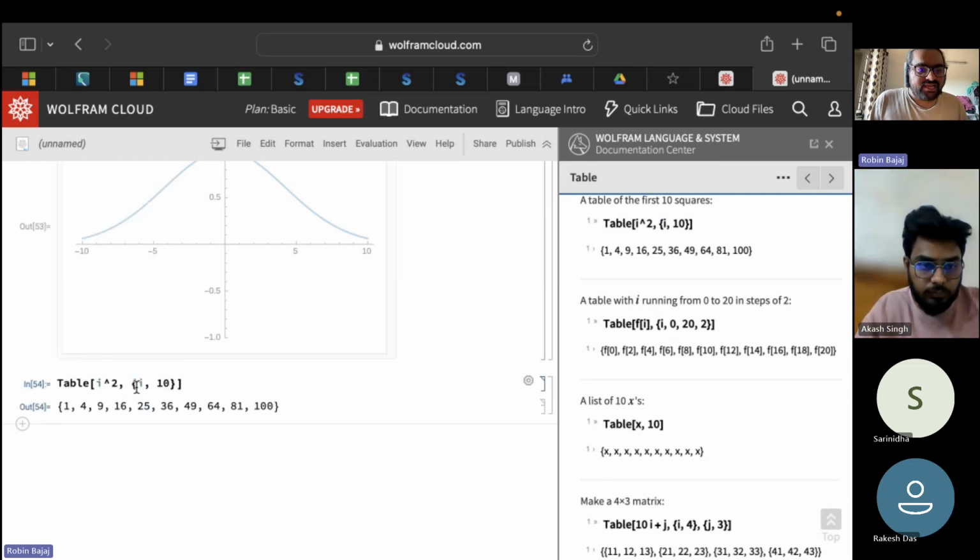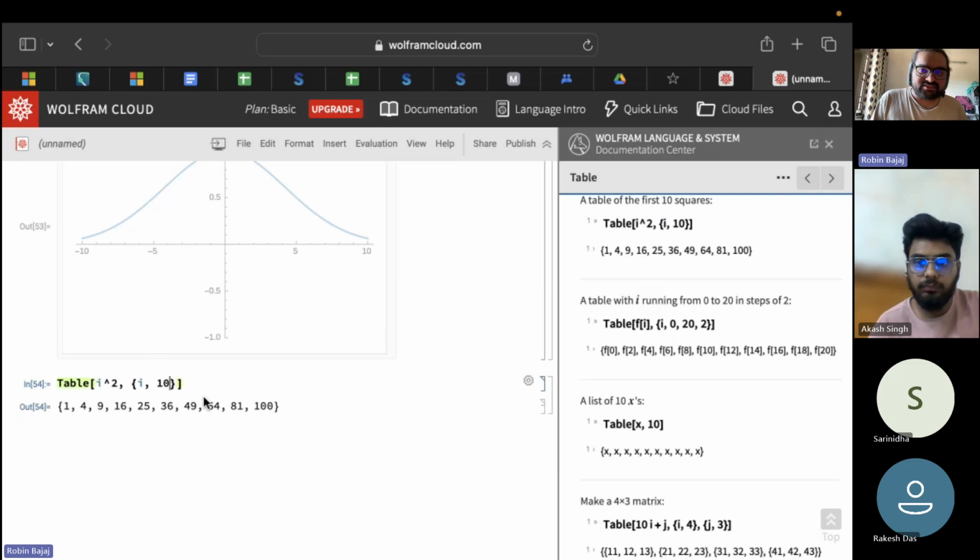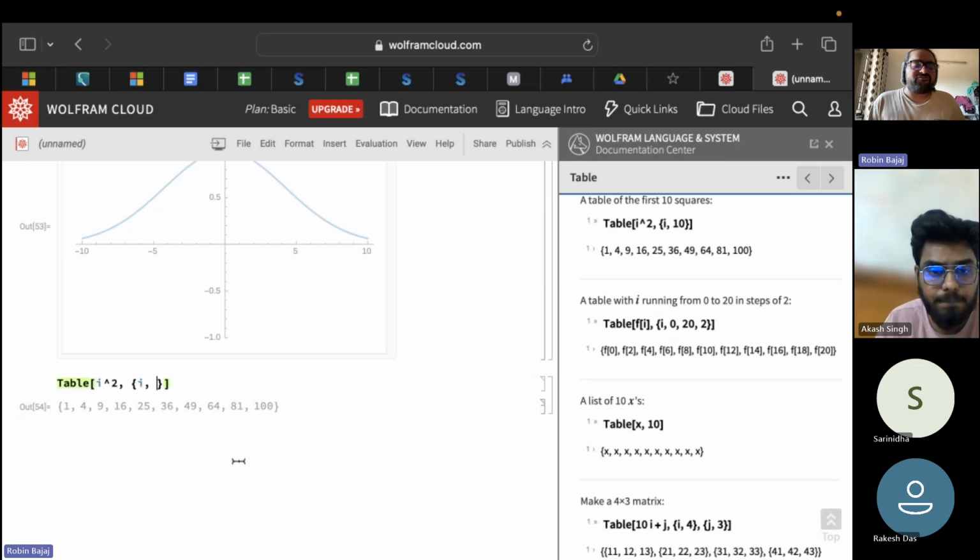So it's basically i from 1 to 10, it is finding the square and giving us the list of that. If you want to do it in steps of 2, it's equivalent to np.arange. In Python, if you're familiar, numpy.arange is a function where you can write the numbers with a particular gap.